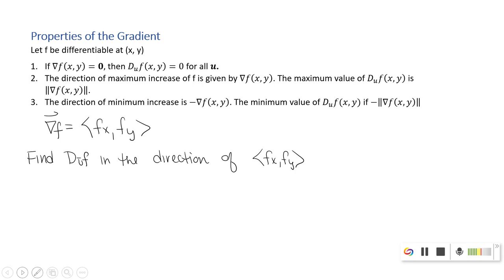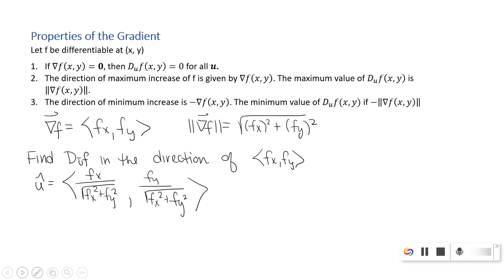So let me explain those second two properties in a little bit more detail. We learned our gradient vector contains our partial derivatives as components. So f sub x is our x component, f sub y is our y component. If we find our directional derivative in the direction of that gradient, well, I'd have to change my direction vector into a unit vector, so I'd have to divide by its magnitude.